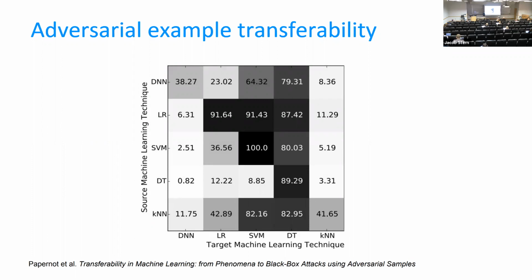So higher numbers means that the technique is more confused. And by the way, DNN stands for deep neural network. LR is linear regression or logistic regression, one of the two. Probably logistic regression because we're dealing with classifiers. So deep neural network, logistic regression, support vector machine, decision tree, and k nearest neighbors. Yeah, so which of these seem to be the most easily fooled?